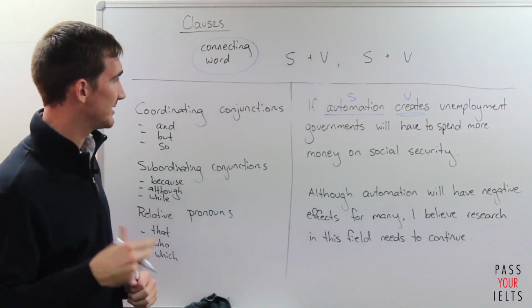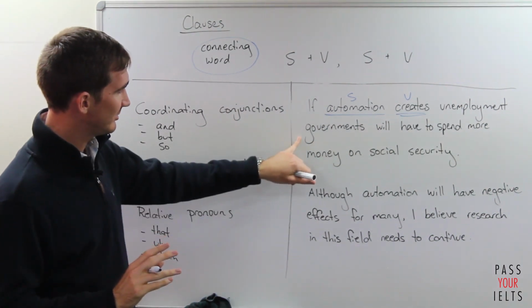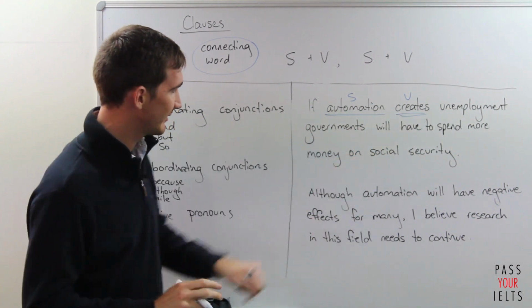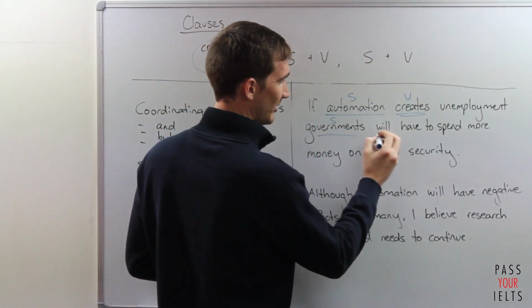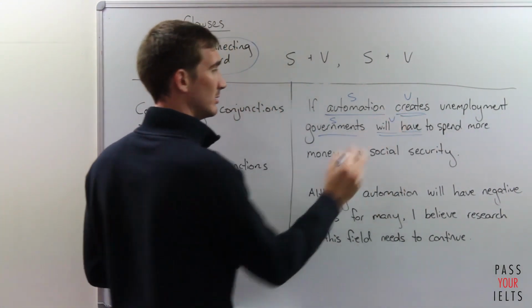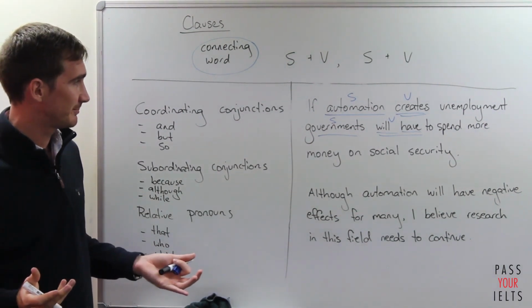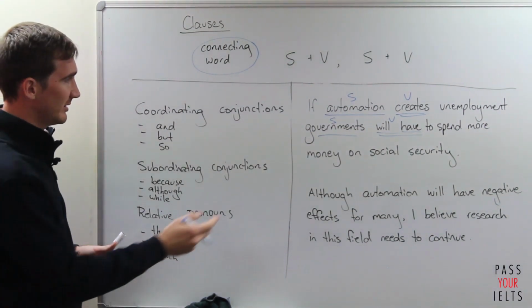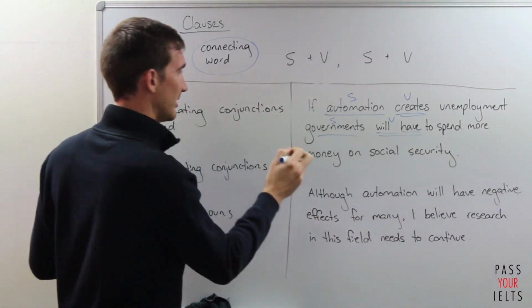If automation creates unemployment, okay, now we have a new subject and verb, don't we? We have governments as a subject, and the verb will have. So the question becomes, where's my connecting word? Well, of course, it's at the beginning. It's a subordinating conjunction. It comes here.